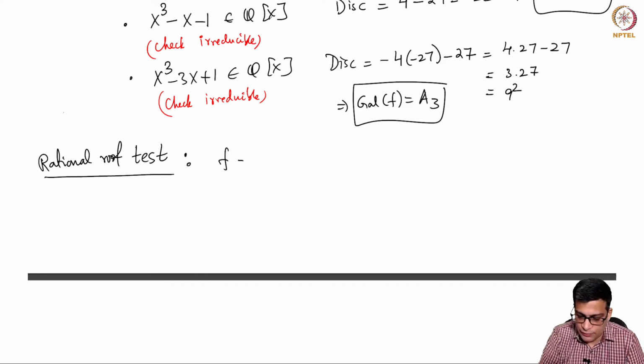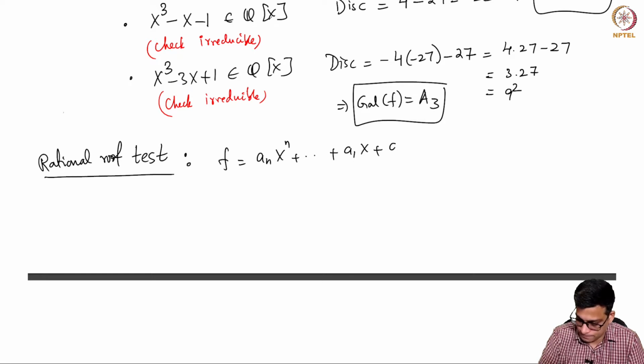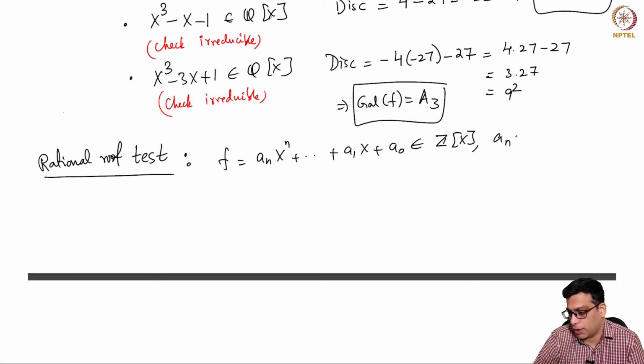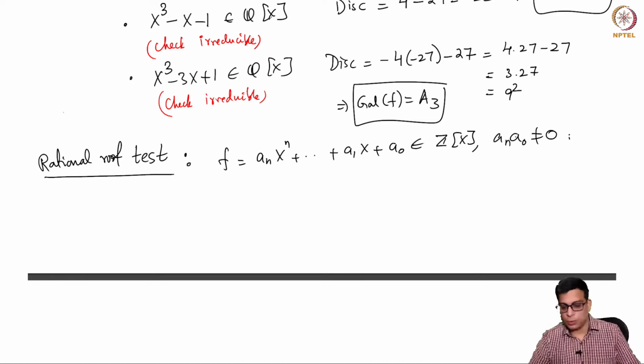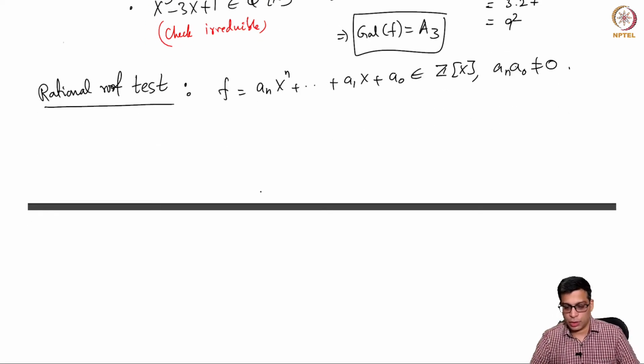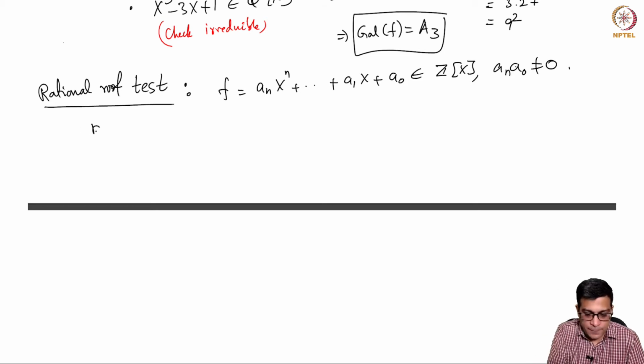If f is an arbitrary polynomial like this with integer coefficients, and of course we assume a_n is non-zero, but we will also assume that a_n times a_0 is non-zero, so both the leading coefficient and the constant coefficient are non-zero. Then let us take two integers r and s which are co-prime.